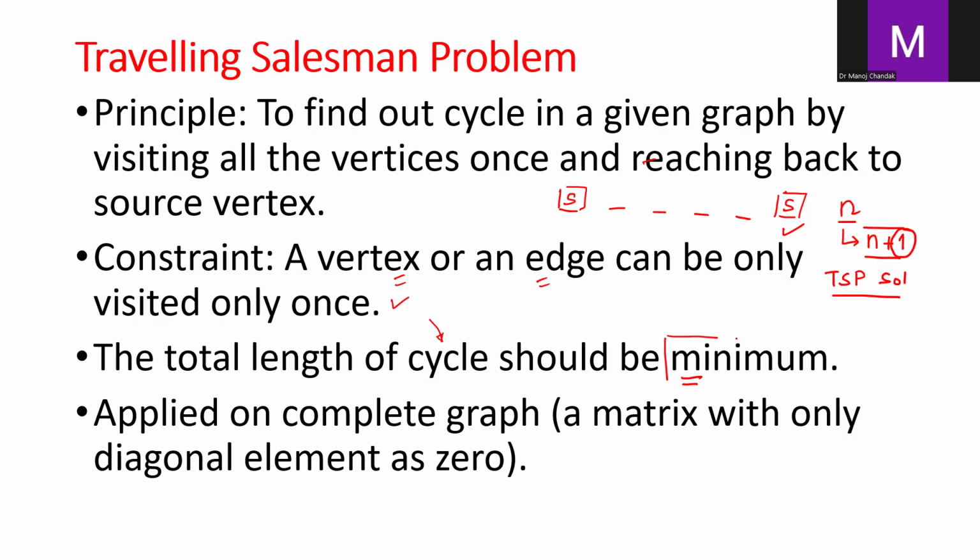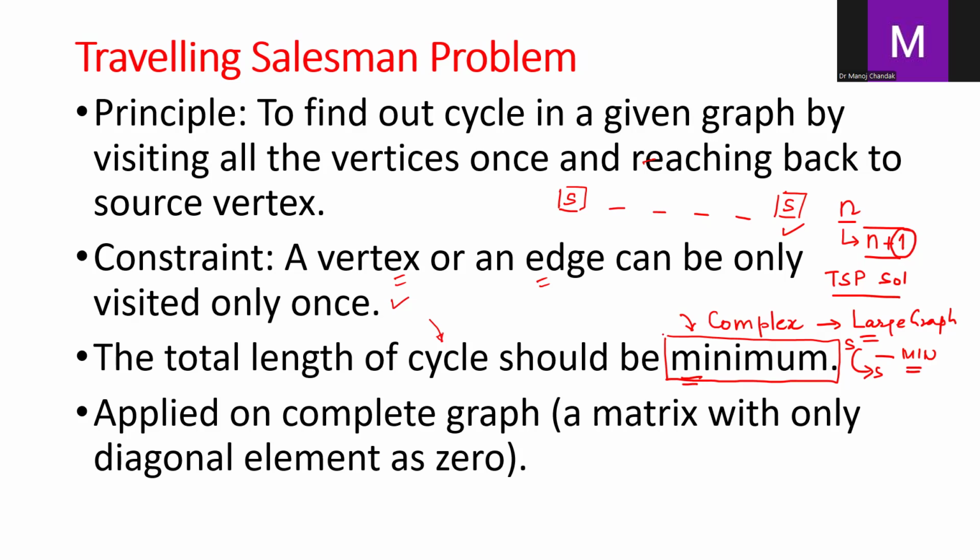Since there is an optimization function addressing the minimum cost, this problem becomes complex when solved for a very large graph, because not only are you required to derive the cycle from source to source, but this cycle should also be of minimum cost.